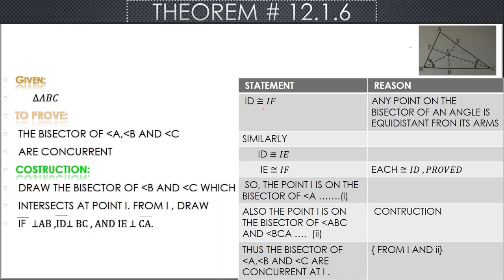ID is congruent to IF. According to the diagram, where is I? I lies on the angle bisector of B. So according to theorem 4, ID and IF are both equal.